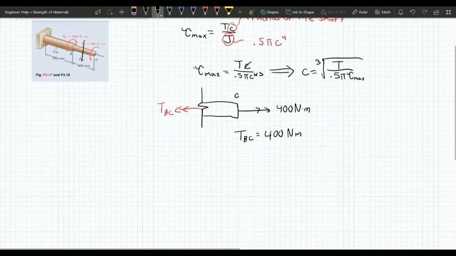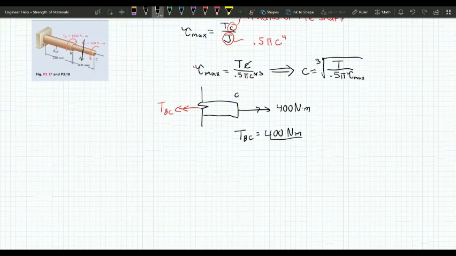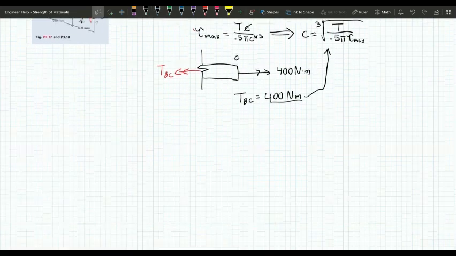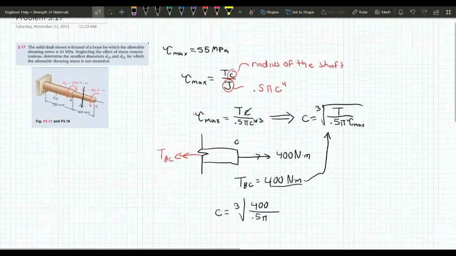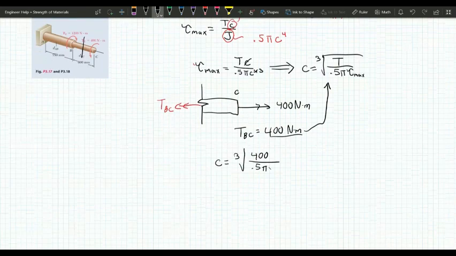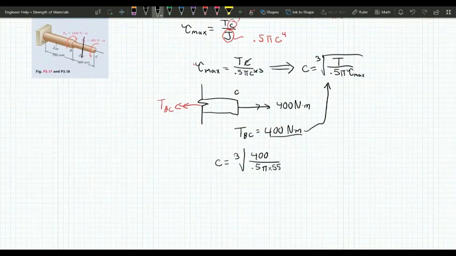And it should be pretty obvious that torque BC is equal to 400 Newton meters. So let's go ahead and substitute this into our equation over here. Right, so we got C is equal to the cube root of 400 divided by 0.5 pi, and tau max we said earlier was 55 megapascals. So we go times 55 times 10 to the 6, because we just want it in pascals.